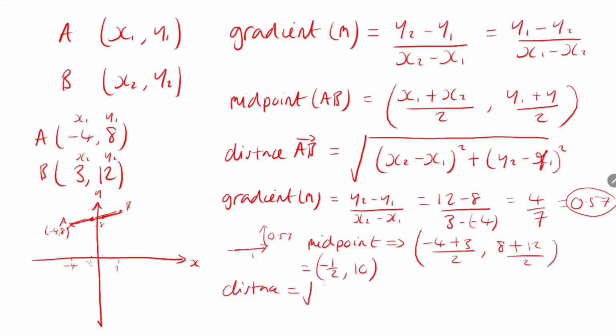that will be equal to the root of x2 minus x1, so 3 minus 4 all squared, plus 12 minus 8 all squared, which will be equal to the root of 7 squared, which is 49, plus 4 squared, which is 16.